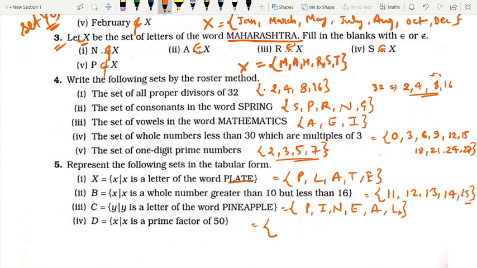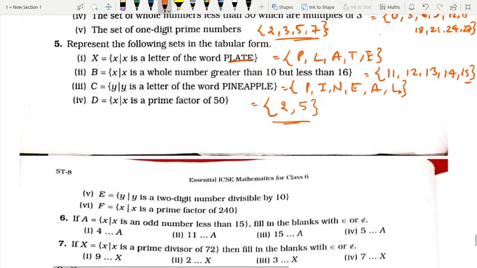So D is a prime factor of 50. So 2 can divide 50, 2 is a prime factor. So 2 and 5, after that no other prime number is dividing 50, so this one is the answer.